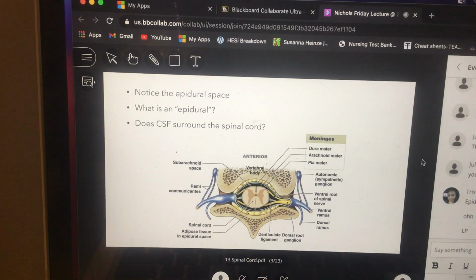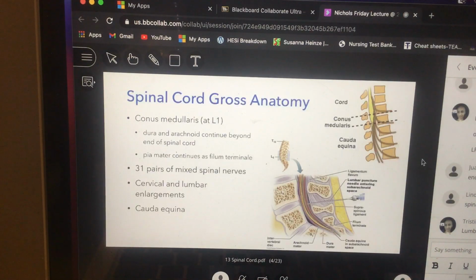What I'm showing you on the next page has the needle actually, let's see if I can show it in a color that will stand out, puncture through the dura and go into this space to remove cerebrospinal fluid. Yeah, it's referred to as a lumbar puncture. Some people call it a spinal tap.